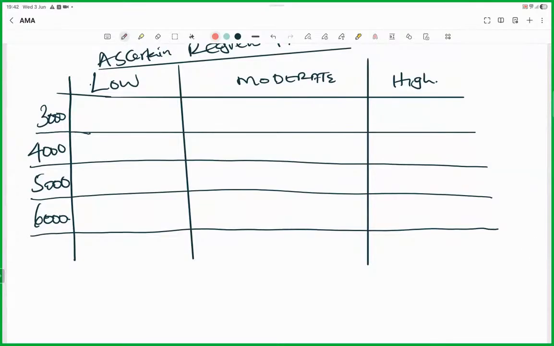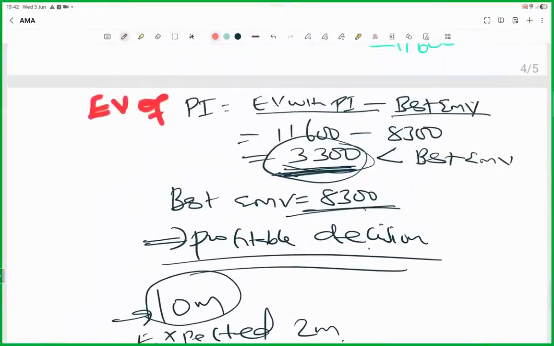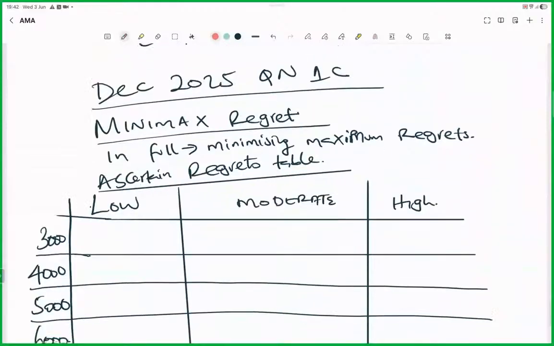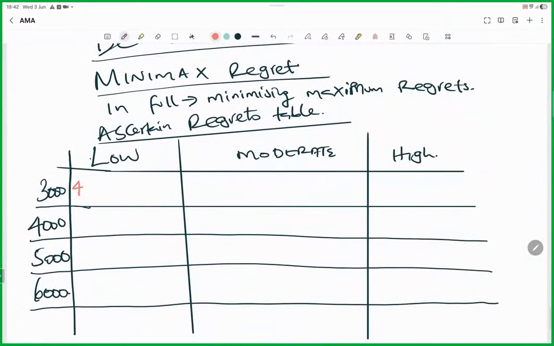So tumesema uende kwa kila column, selecting the highest. And then this highest is what you use as benchmark. So the benchmark in this case here for this column is 4,000. So benchmark means that you write it all over 4,000.